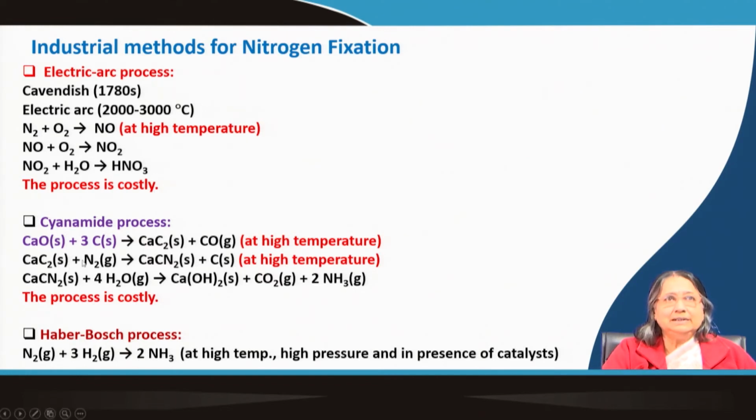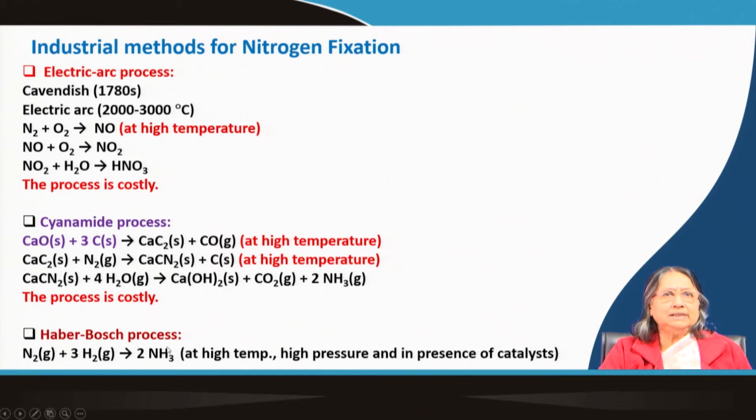Nitrogen reacts with calcium carbide to form calcium cyanamide, and this calcium cyanamide when it reacts with water produces calcium hydroxide, carbon dioxide and ammonia. So nitrogen is converted to ammonia. This is also a process by which nitrogen is fixed. This method is also costly because high temperature is required here too.